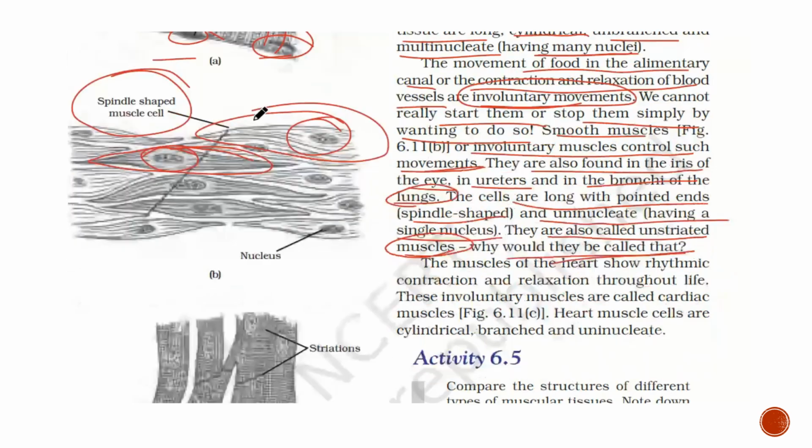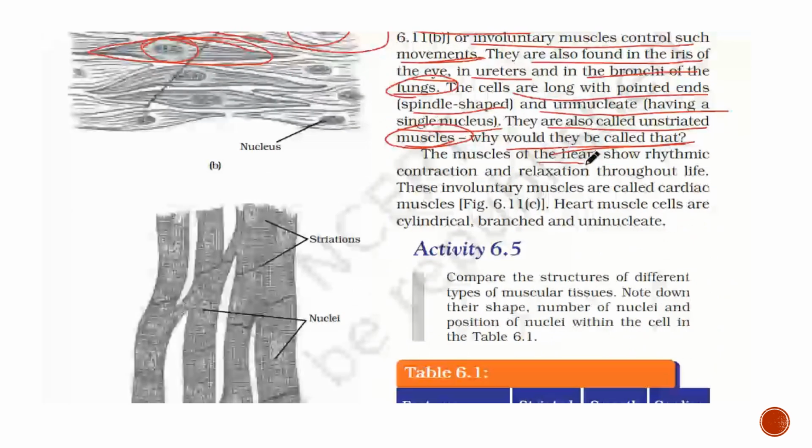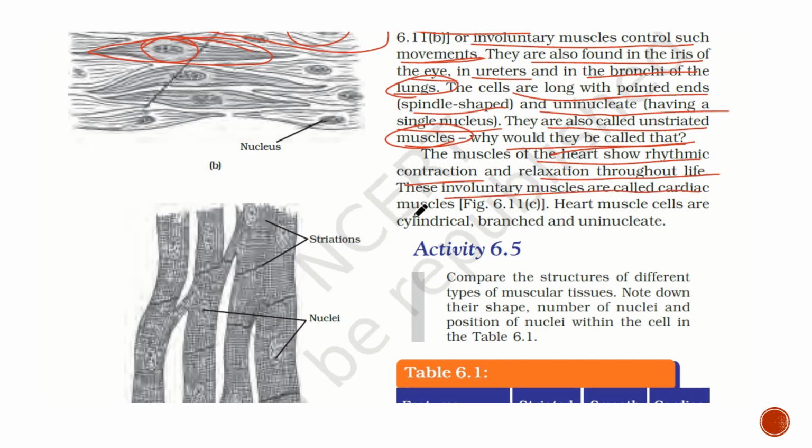Now the muscles of the heart show rhythmic contraction and relaxation throughout life. Before your birth, in the embryonic stage, your heart starts beating, and from that stage it keeps beating throughout your life. So there is contraction and relaxation. These involuntary muscles are called cardiac muscles.